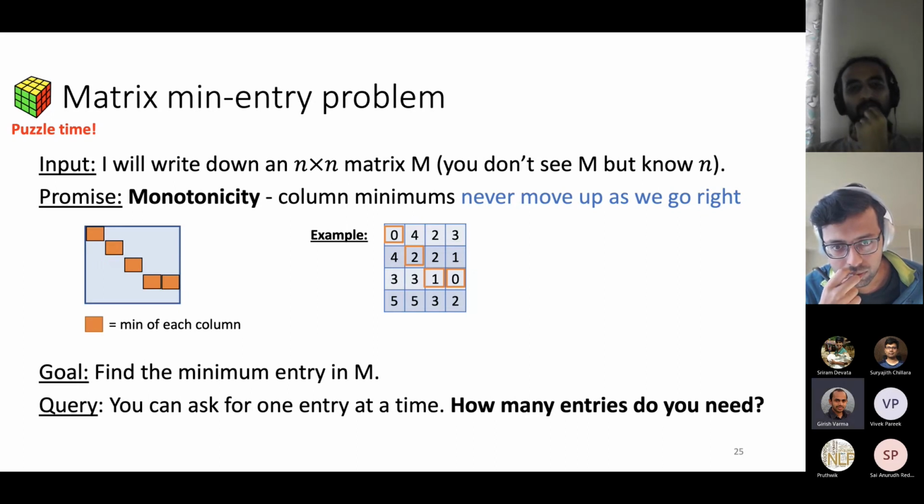Okay, I can think of an n squared by 2, not n squared by 2 really. You keep querying in the first column until you hit the minimum in the first column. Maybe you need to look at the entire first column for that. Sure. But in the second column, you only need to start from where you got the minimum in the first column. Right. But that can be exactly in the same place.